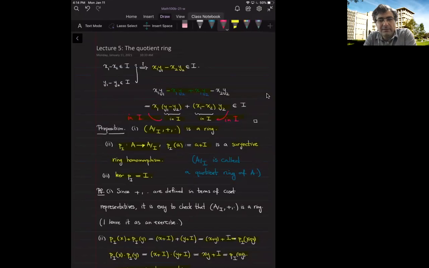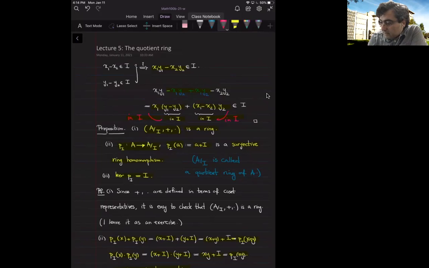So what is it? We want to show that x1y1 minus x2y2 belongs to I. We are going to introduce this middleman, add it and subtract it. And the middleman is x1y2. Now notice that the first two terms have an x1 in common. I'm going to factor it out from left. And then the next two terms have a y2 in common, and then factoring it out from right.